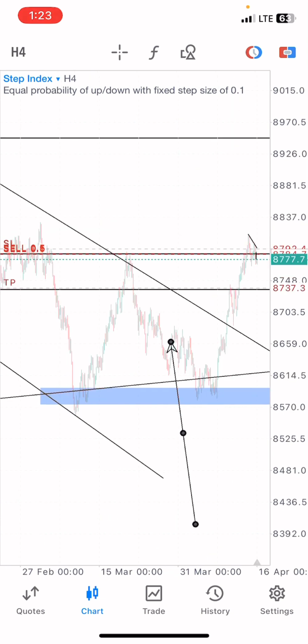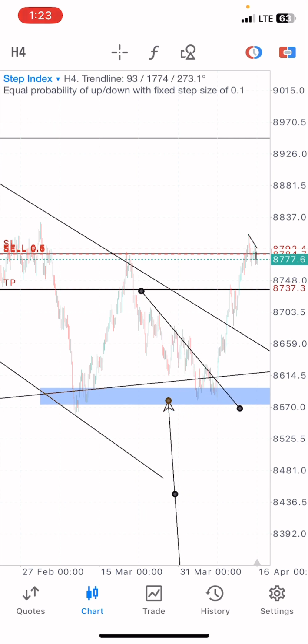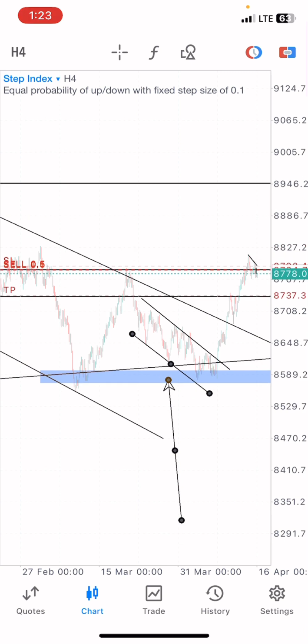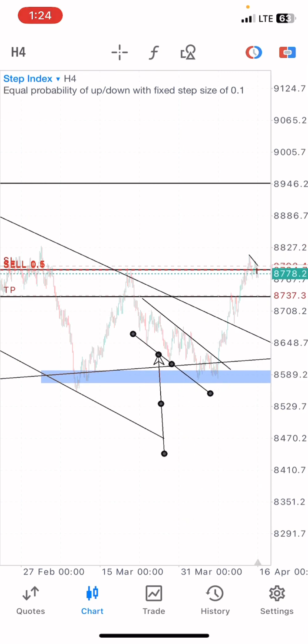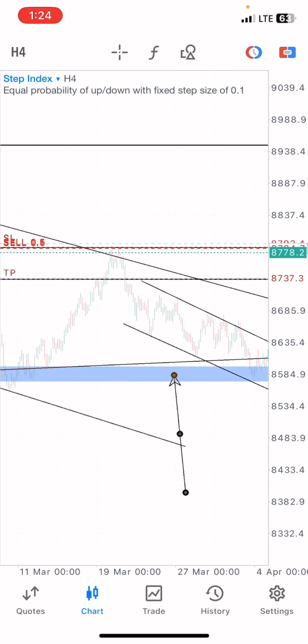Because we had this kind of channel at this point, where the market is giving us a kind of descending channel formation, this descending channel gave us a kind of exhaustion pattern, or an exhaustion phase formation.